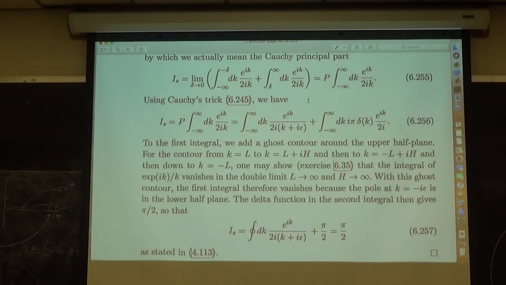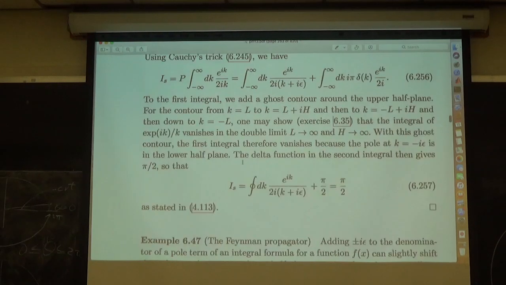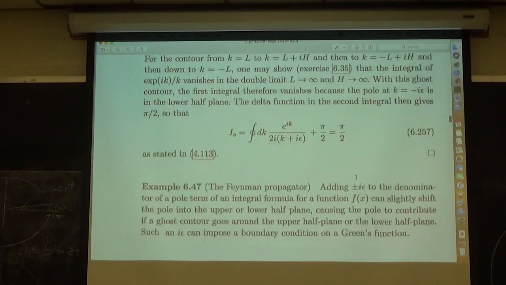So that's the main reason why we get away with that. And then, as an exercise, you can show that it actually is a ghost contour, and so this thing is just pi over 2. Any questions?